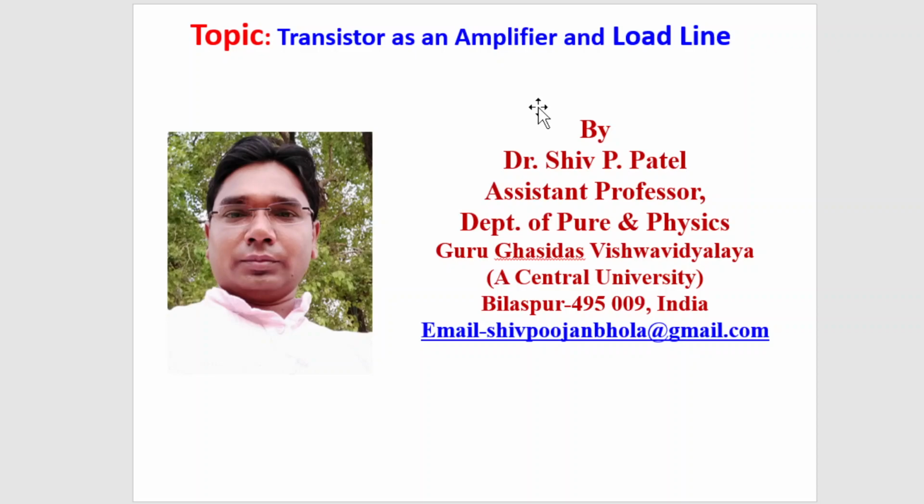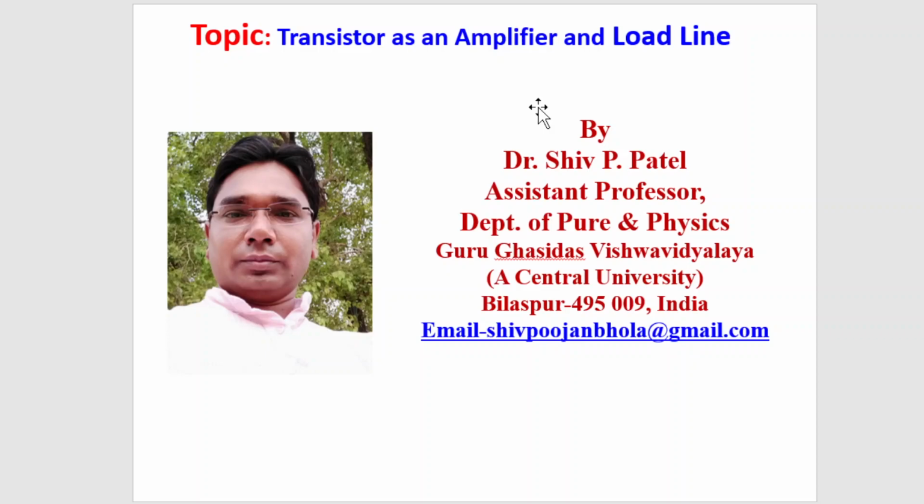If we use emitter resistance at the emitter terminal, that is called emitter bias configuration. Then I discussed voltage divider configuration, collector feedback, emitter feedback, then common base configuration. So I have covered nearly all transistor biasing.